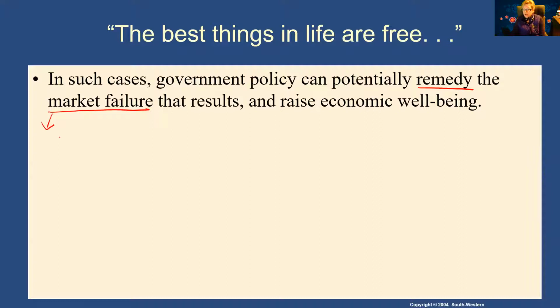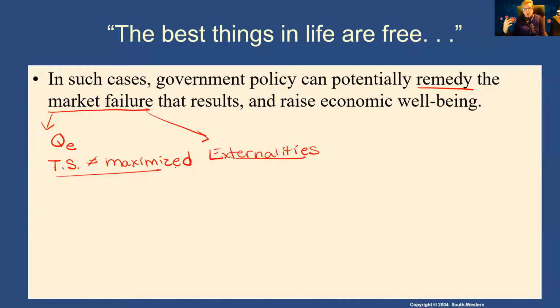Remember, a market failure is when we can't get to quantity equilibrium, and total surplus is not maximized. So these are market failures, much like externalities were market failures as well. The government treats these things in the same categories, and this is why we put this content right next to the chapter on externalities, Chapter 10.